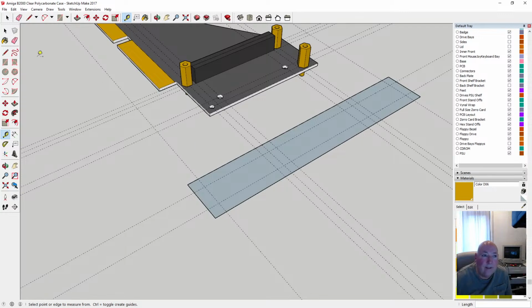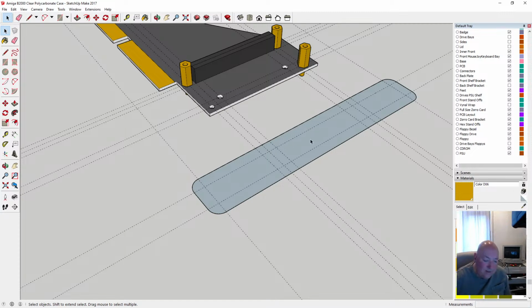Right, okay. Okay, so we've got that. We need to work out where the slot is. So 5mm, 5mm. At least he's kept it easy.